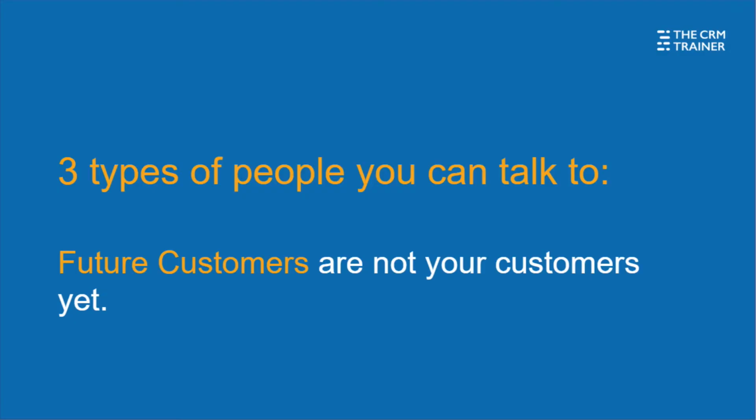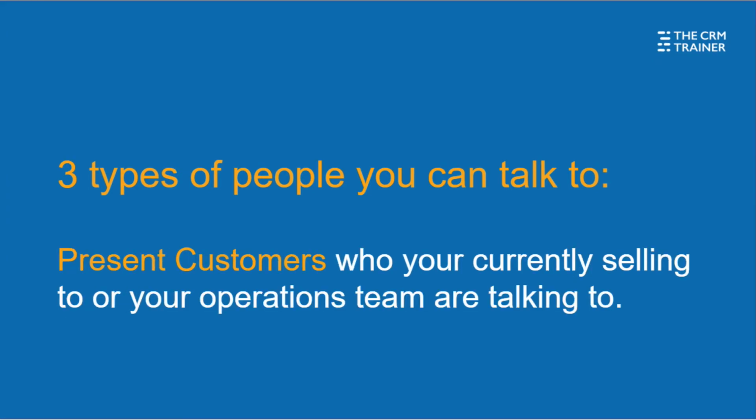There are essentially three types of people to talk to. Future customers are people who are not yet your customers. Present customers, these are the people who you're currently selling to or your operations team might be talking to. This is known as people in your buying cycle.